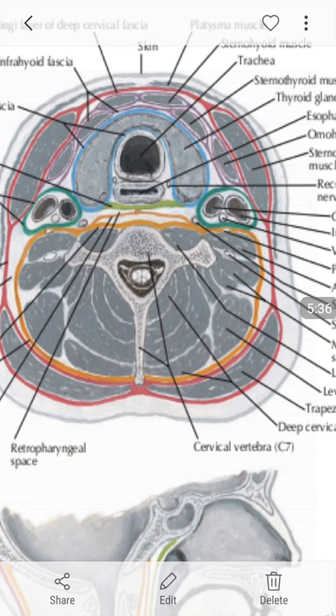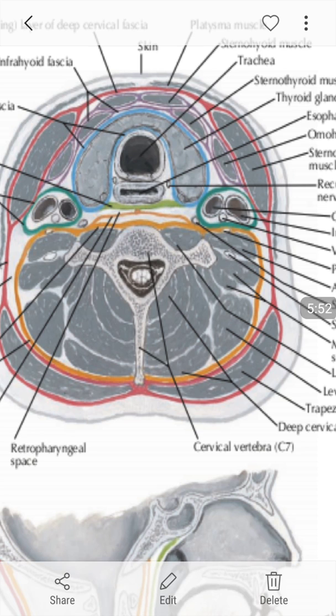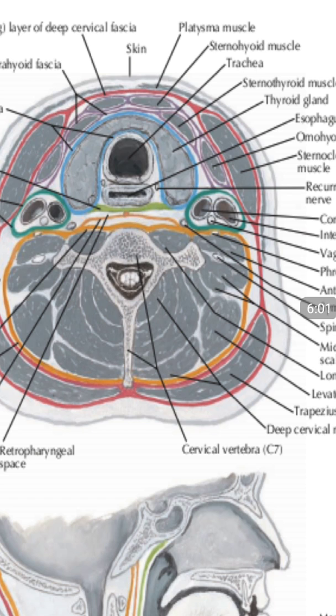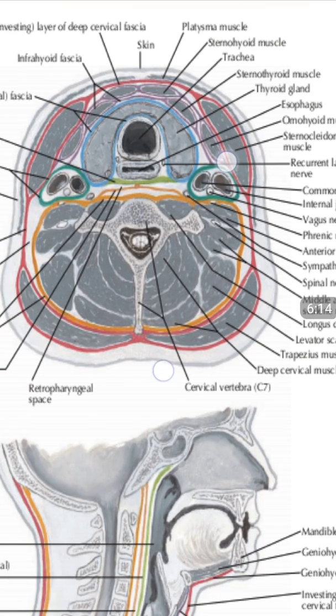Then we have the buccopharyngeal membrane, which is attaching posteriorly to the pretracheal layer. Behind this light green and this yellow, we have the retropharyngeal space. It is actually a potential space which is further divided into two parts by means of the alar fascia. This thin purple line you can see is the alar fascia, and in the midline at this particular point it attaches itself to the buccopharyngeal fascia.